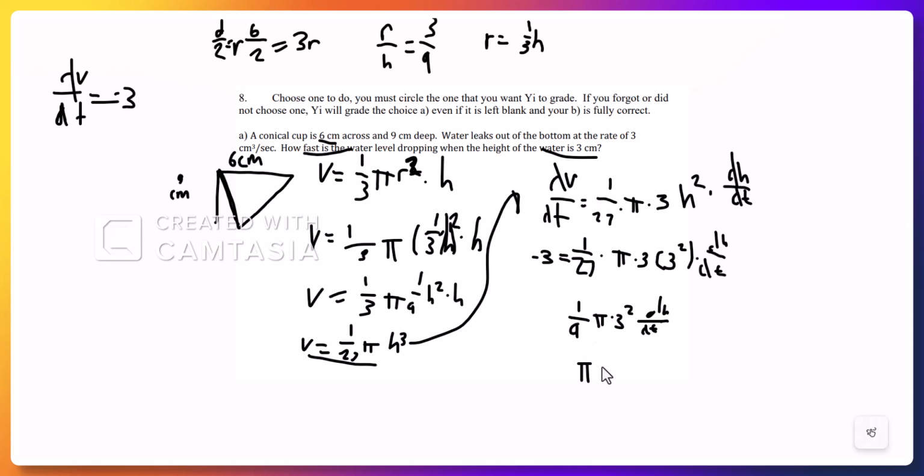So you get pi dh over dt equals -3. To get it by itself, you just divide both sides by pi, and then you get dh over dt equals -3 over pi.